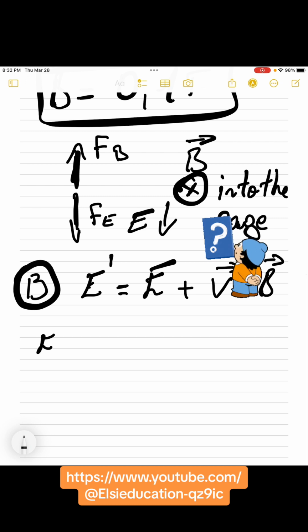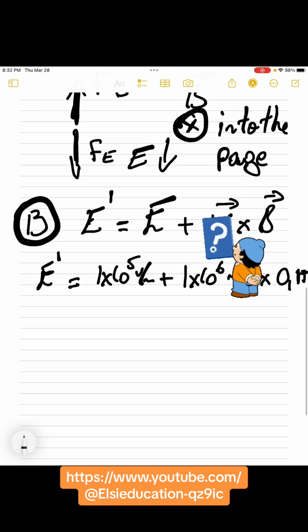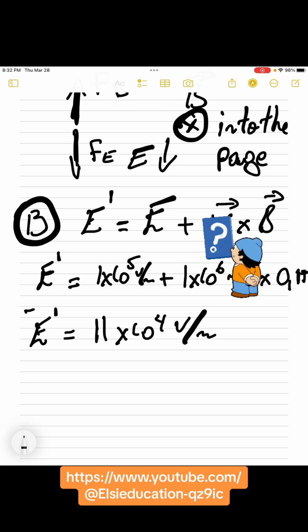So the electric field in the reference frame is equal to 1 times 10 power 5 volts per meter plus 1 times 10 power 6 meters per second multiplied by 0.1 Tesla. And the electric field in the reference frame will be equal to 11 times 10 power 4 volts per meter.